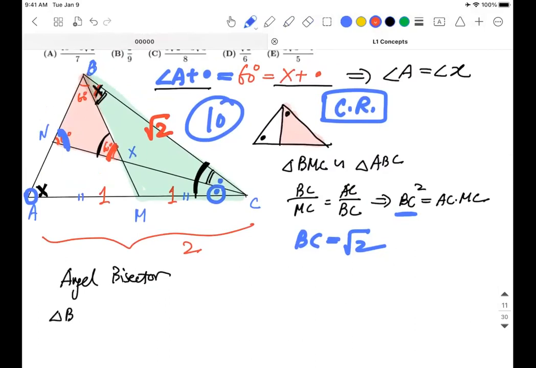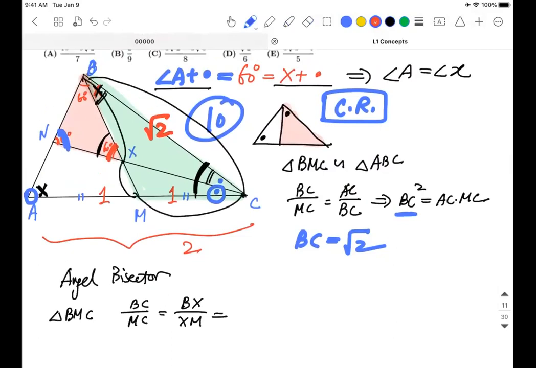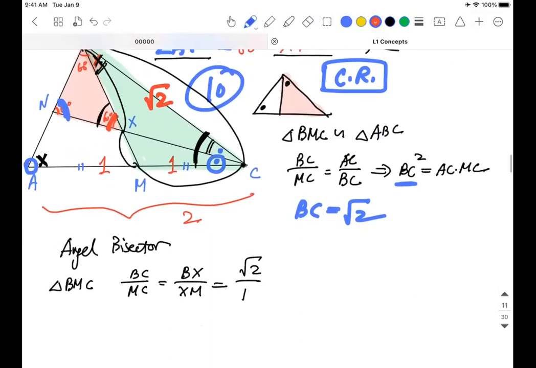So maybe you have to use the angle bisector twice, in order to make it work. In triangle BMC, I'm going to have BC over MC equals to BX over XM. BC over MC, BX over XM, right? BC is √2, MC is 1. So basically, BX over XM is √2 over 1. Right?